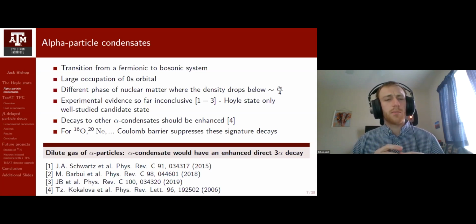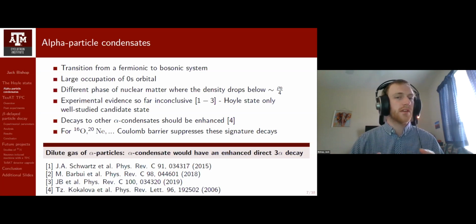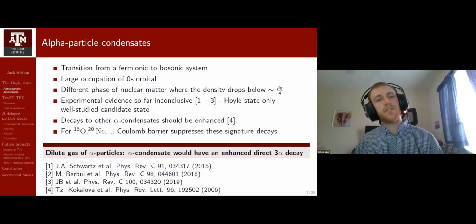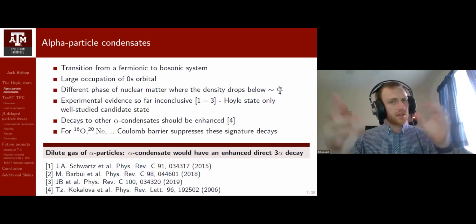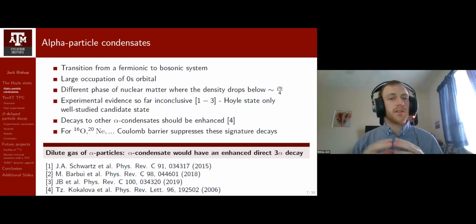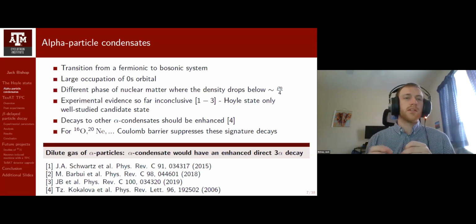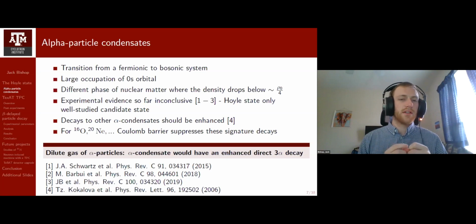There have been a number of studies looking not just at carbon-12, which is a system of 3 alpha particles which can form this condensate, but you can look at 4, 5, 6, 7, and so on. I think up to nickel has been studied. So far, the Hoyle state is the only well-studied candidate state. So let's focus in on carbon-12 if we really want to get a good idea of what exactly is going on and whether this alpha particle condensate idea is a cogent one or not.